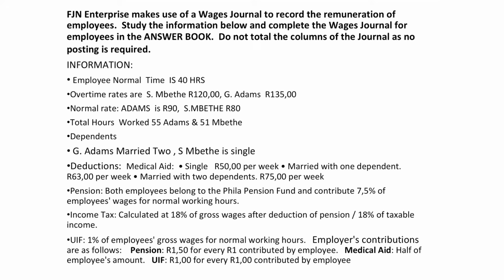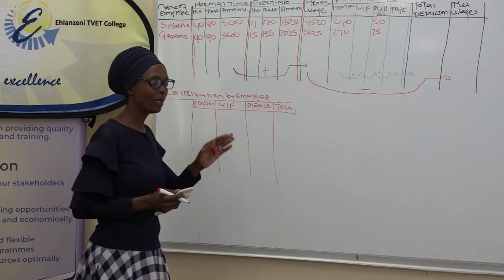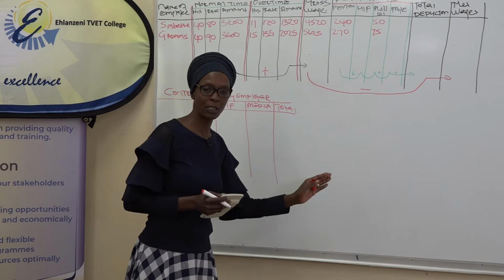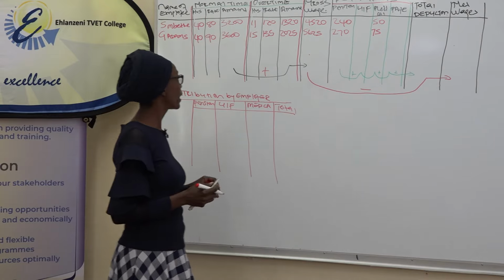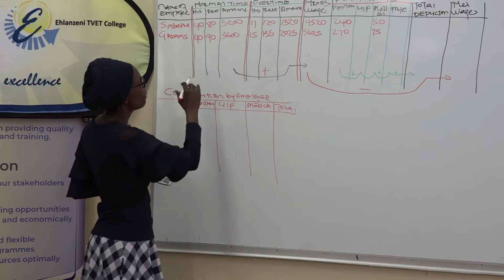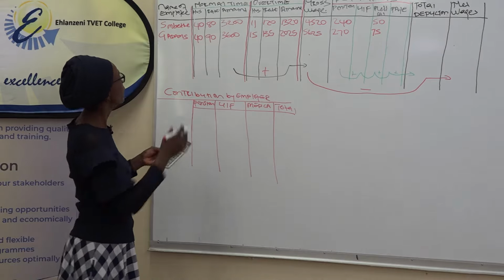Okay, the next deduction is our income tax, the pay as you earn. The pay as you earn is 18% of gross wage after deduction of pension. You have to know that, as some of the examiners used to say, 18% of the taxable income. A taxable income is a gross wage minus pension. Then our first employee, let's calculate the pay as you earn.